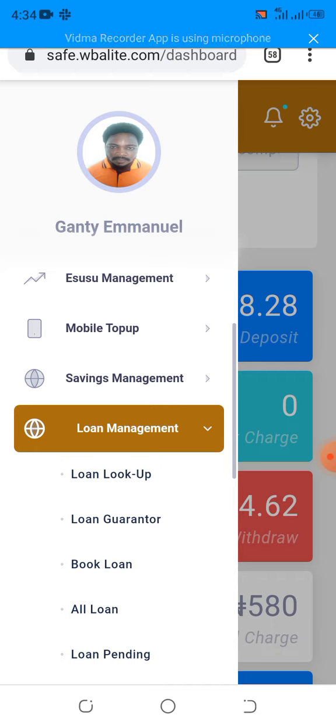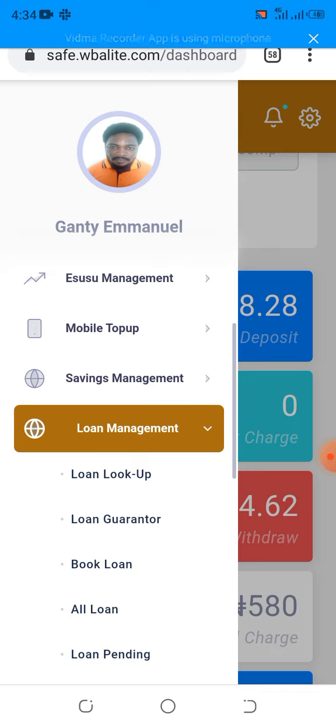The first step we recommend is to check if this customer is already on loan. Second, check if this customer has borrowed money and has refused to pay. Three, check if this customer has an ongoing loan.